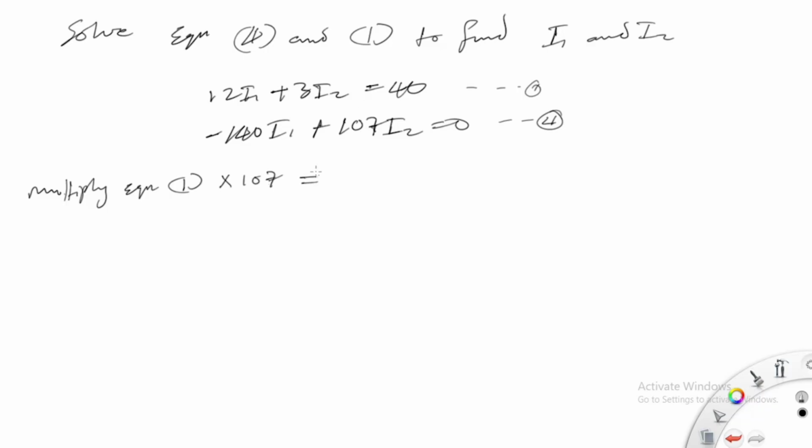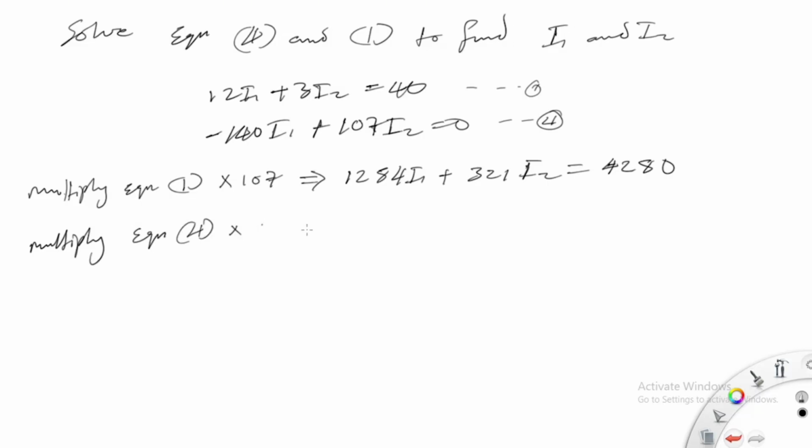Doing that, we would have what? 1284I1 plus 321I2 is equal to 4280. Secondly, we would multiply equation 4 by 3.